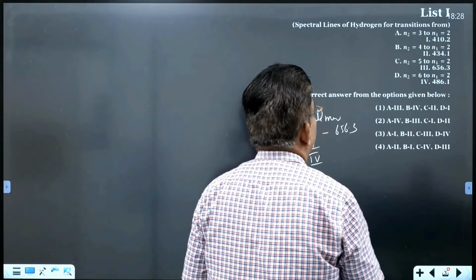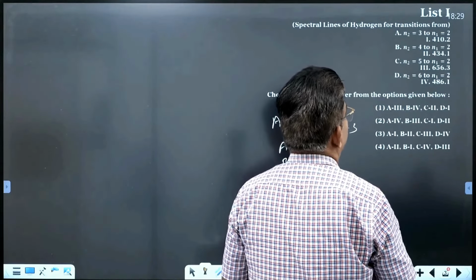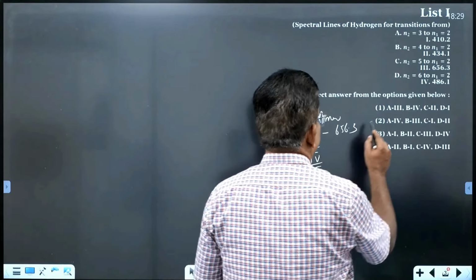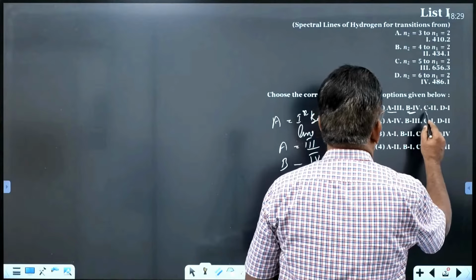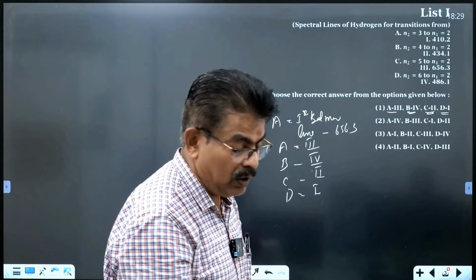So C matching with 2, correct. D, 6 to 1, most energetic, and wavelength is minimum, that is 1. So A matching with 3, B matching with 4, C matching with 2, D matching with 1. So answer is 1.